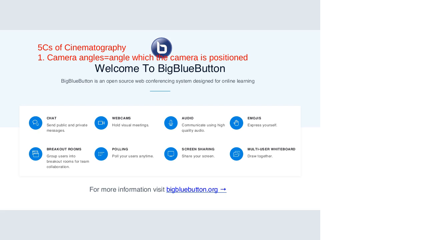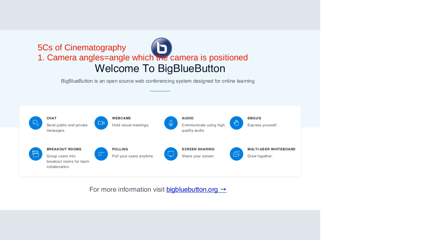Now, like I was saying, we want to talk about the five C's of cinematography. We had initially talked about cinematography being an art of visual storytelling. So how do you visually tell stories?